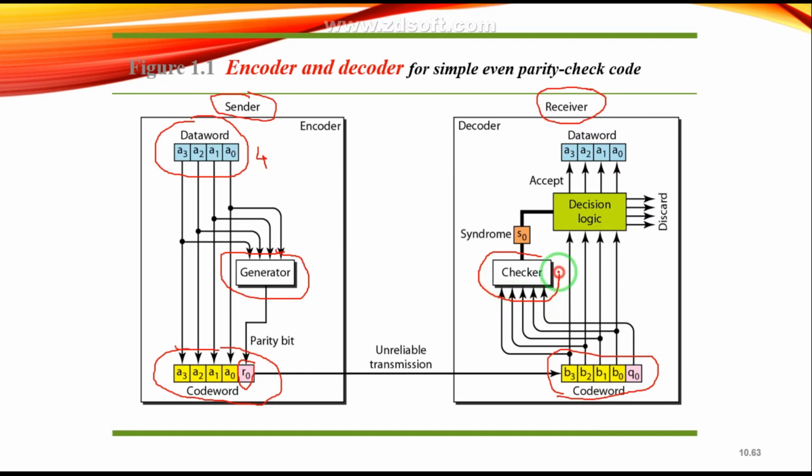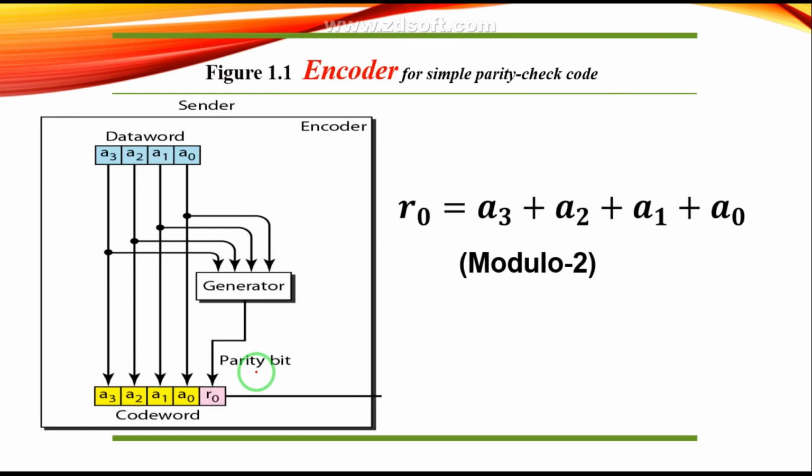The input to the checker is 5 bits and the output is 1 bit. The output of the checker is denoted by S0, which is nothing but the syndrome. Depending on the value of this syndrome, the decision logic is going to decide whether you need to extract the data word from this code word or you need to discard it. So let's see in detail now.